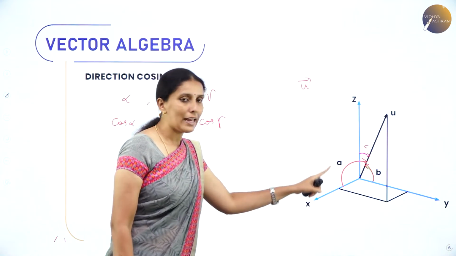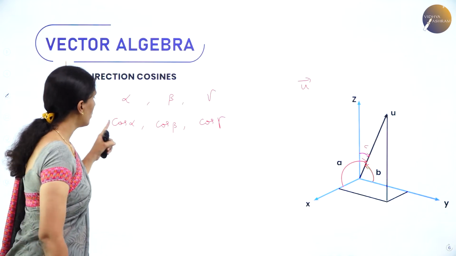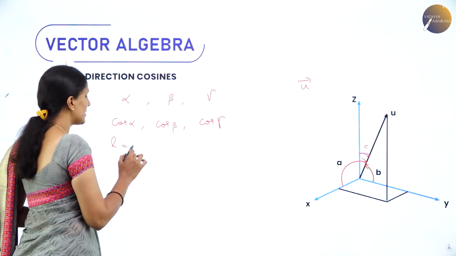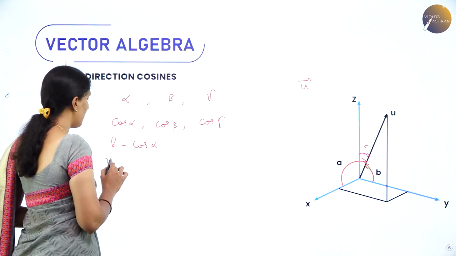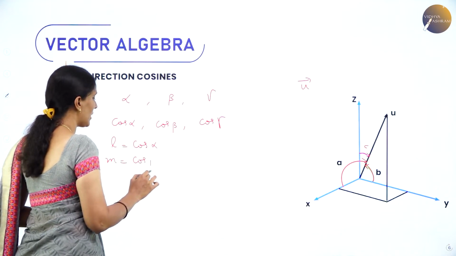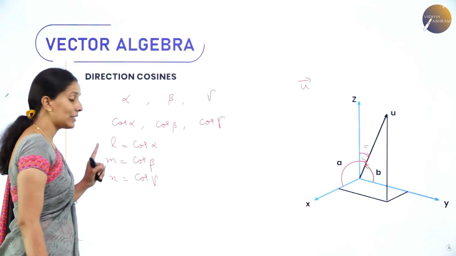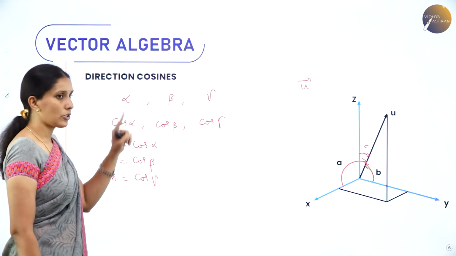So there is another general notation for these angles: L is nothing but cos alpha, M is nothing but cos beta, and N is nothing but cos gamma. So these are the other notations to write the direction cosines.